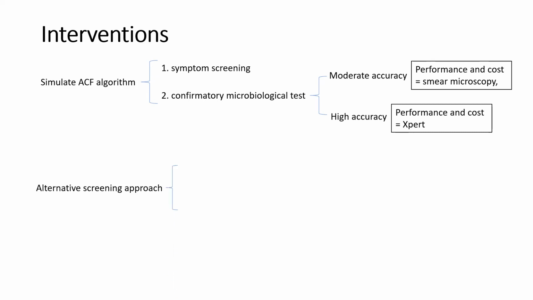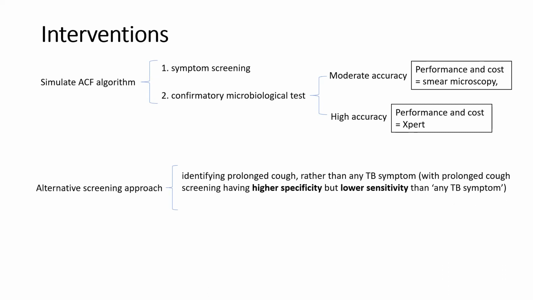For the alternative screening approach, they used prolonged cough rather than any symptom screening, where prolonged cough has higher specificity and lower sensitivity than any TB symptom.